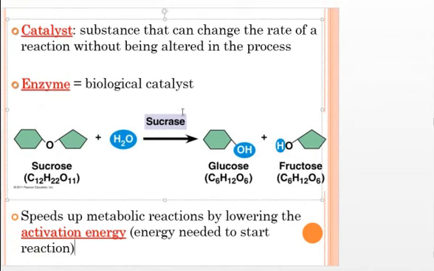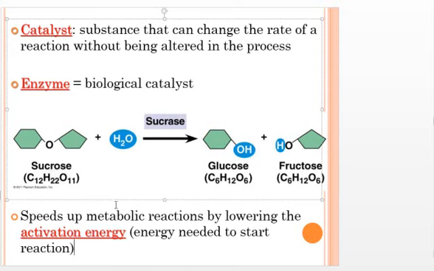So let's take a look and see how they work. And this is a great example for you to know: sucrase is an enzyme that works on sucrose. And it basically helps the sucrose to separate and form into glucose and fructose, which are the monomers of this disaccharide. So let's take a look and see how this works.